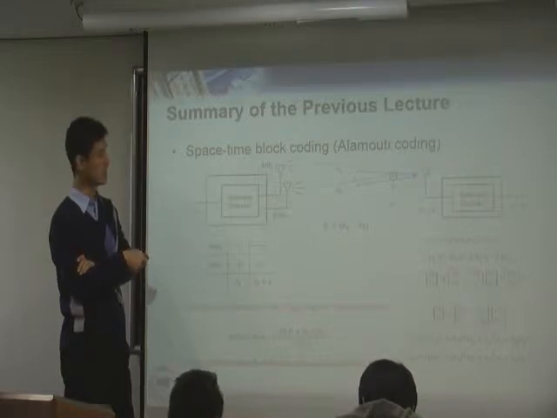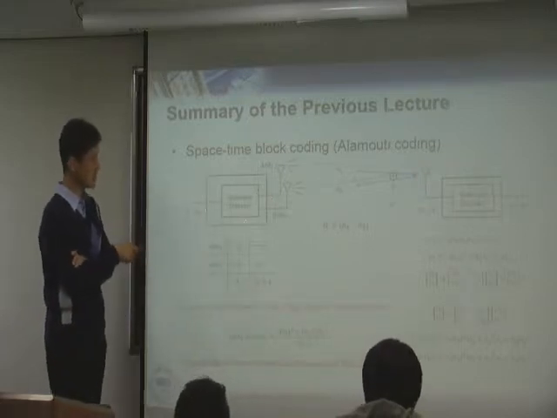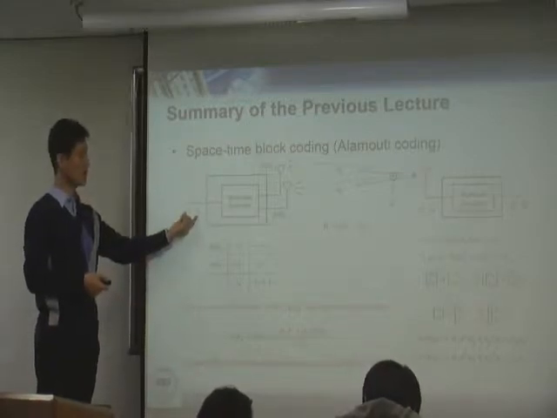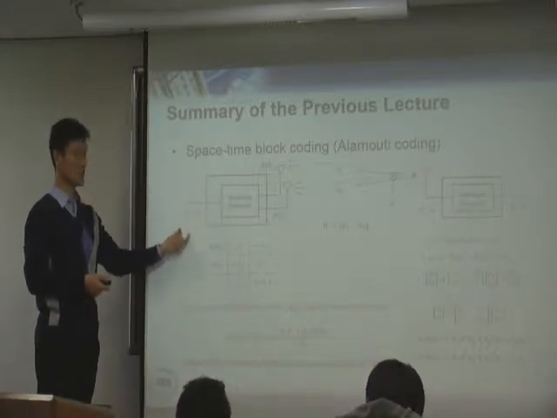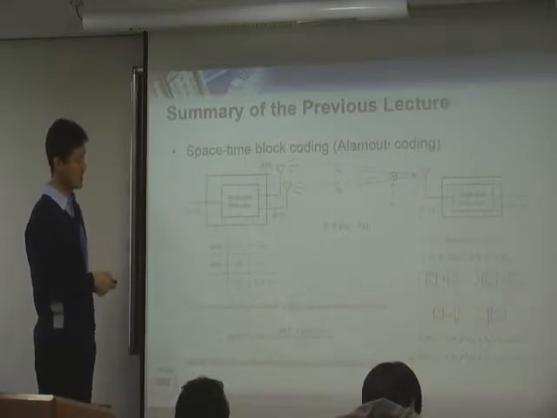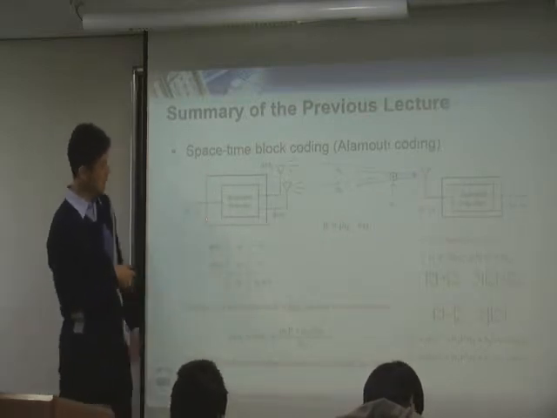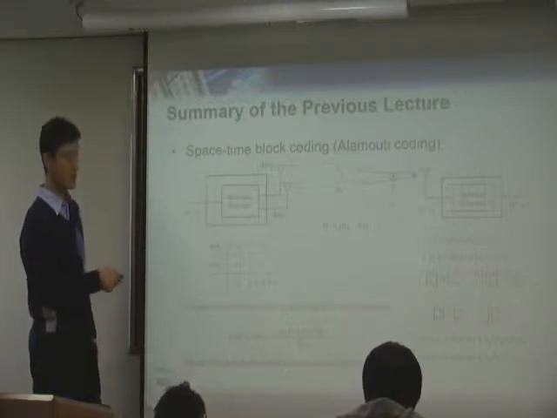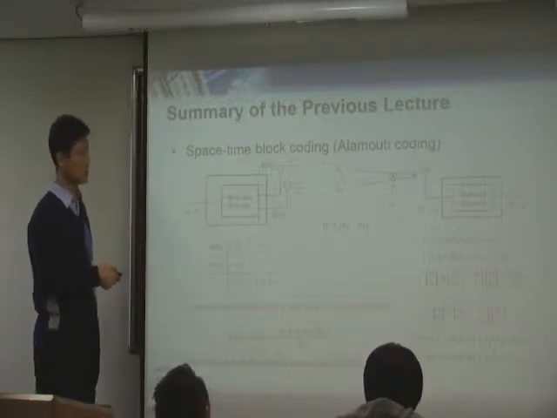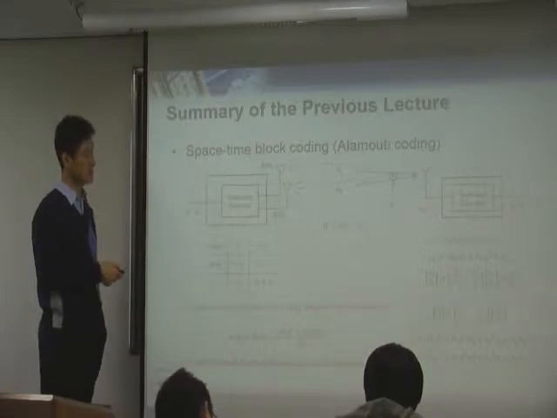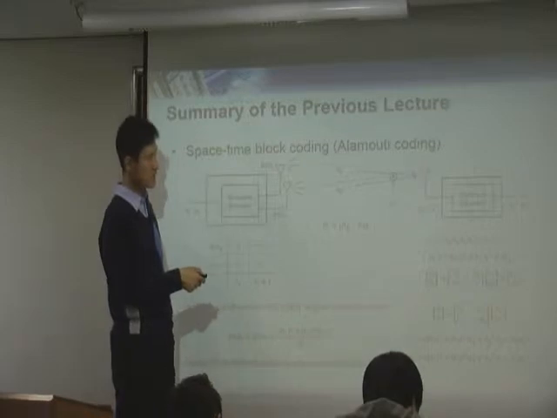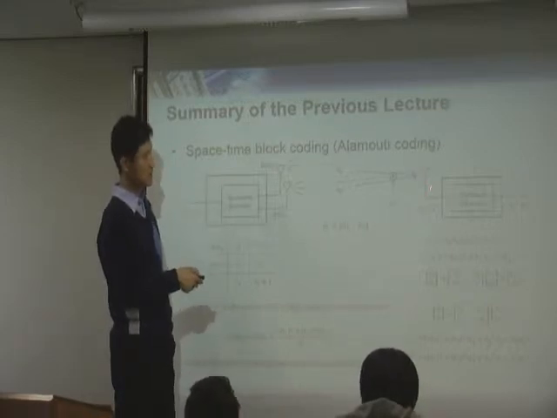Because what you do at the transmitter is simply collect two symbols, S1 and S2, during the two symbol times, and then encode S1 and S2 using these two antennas this way. So this is a way of encoding, called Alamouti encoding. And then transmit over this channel, and you receive those symbols and do the decoding.